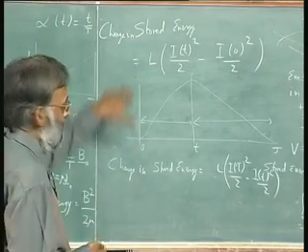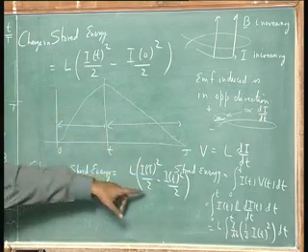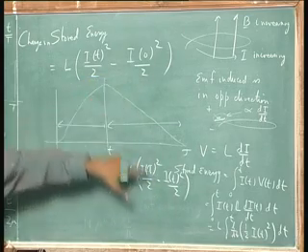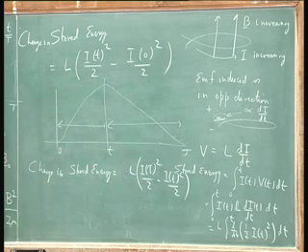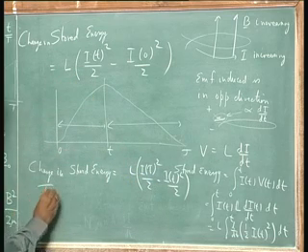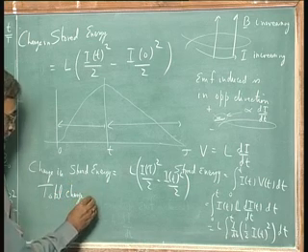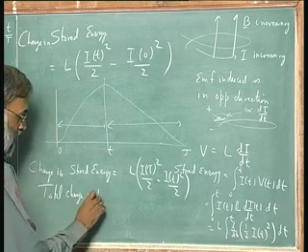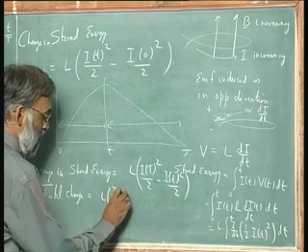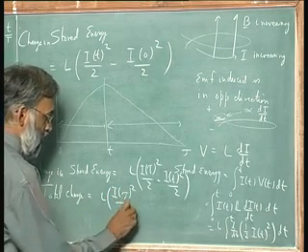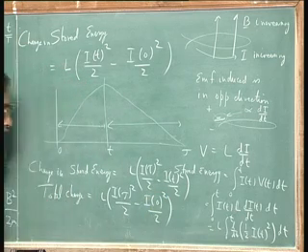I can add these two up. Because it was a total derivative, the I(t) term will cancel out. Here it is plus, here it is minus. So, the total change is equal to L times I(tau) squared over 2 minus I(0) squared over 2.